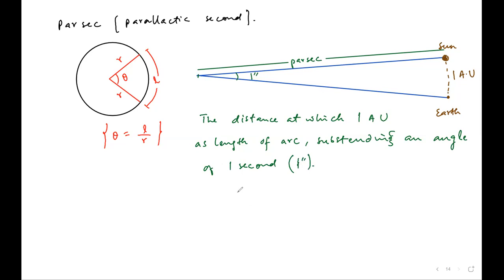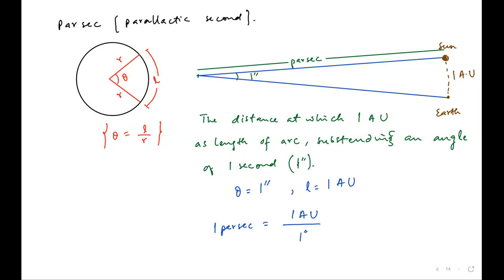So in this case, we have theta equal to 1 second. Length of arc is equal to 1 astronomical unit. And we have to calculate radius. So according to the formula, 1 parsec would be equal to 1 astronomical unit divided by theta, which is 1 second.